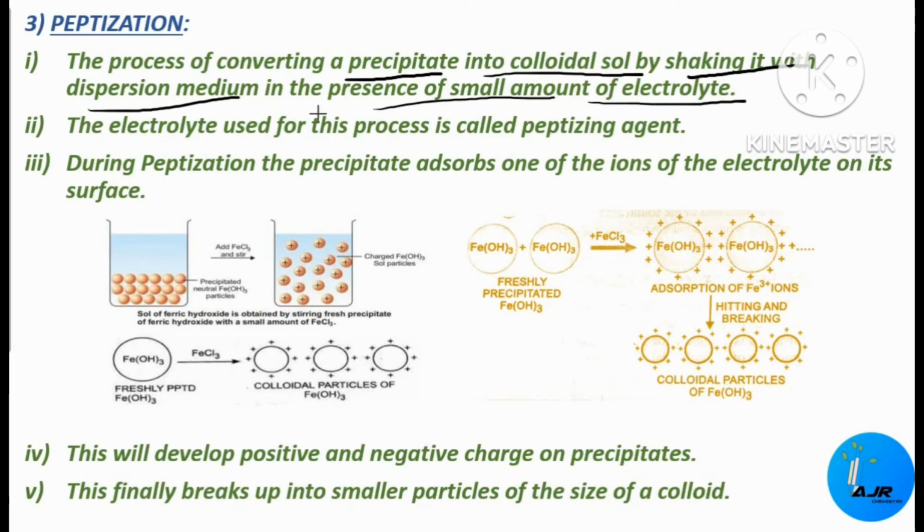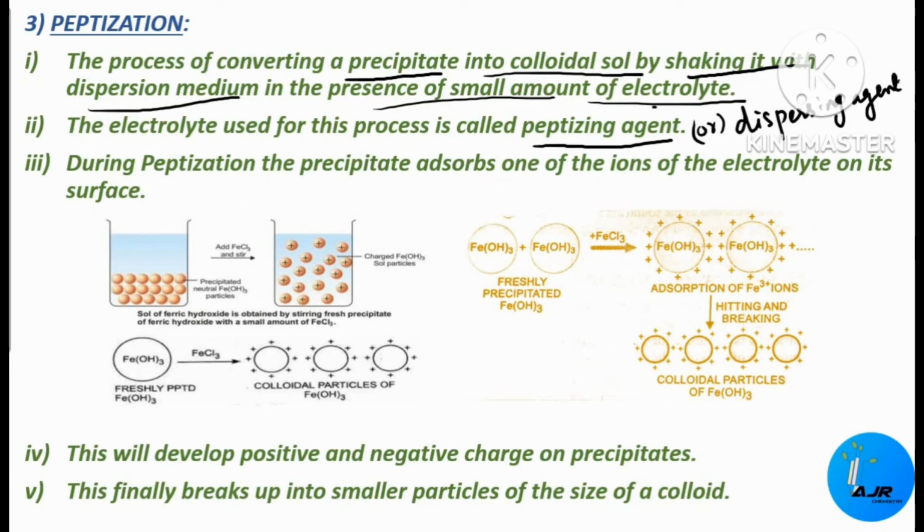We are making use of a little amount of electrolyte, is it not? So the electrolyte used in this process is called the peptizing agent, or it is also called the dispersing agent. Okay, peptizing agent or dispersing agent. Understood, students?